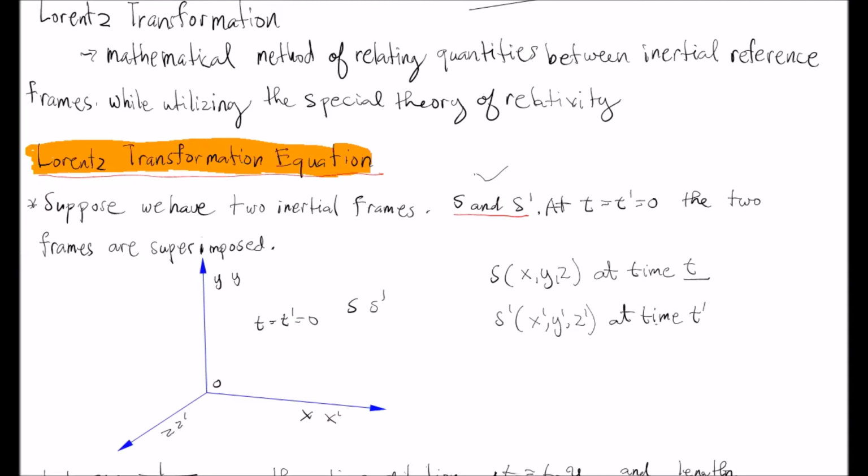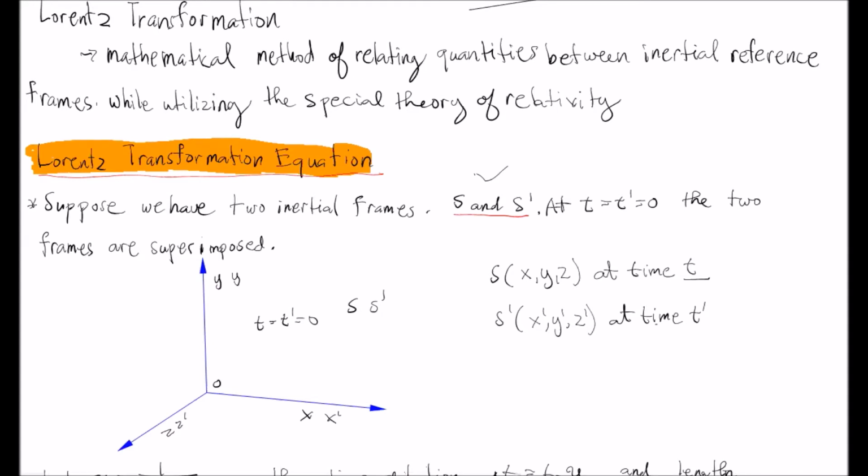And what is this Lorentz transformation? This is the mathematical method of relating quantities between inertial reference frames while utilizing the special theory of relativity. So unlike in Galilean transformation equation, we don't deal with the time dilation since time scales between two frames are the same.